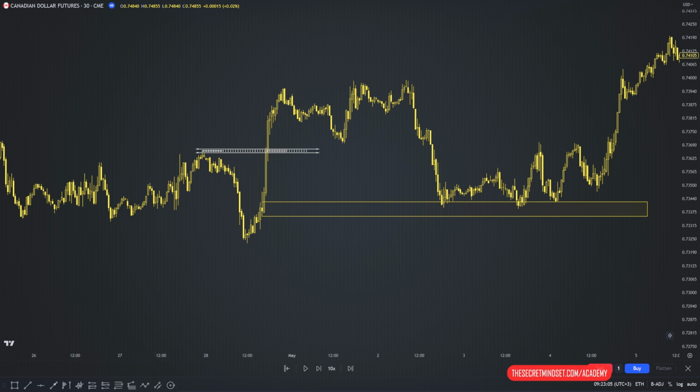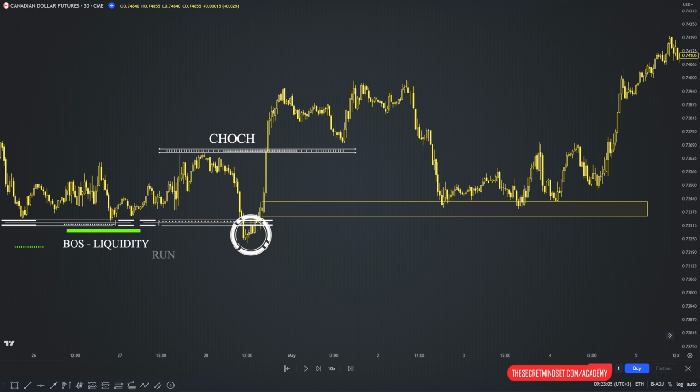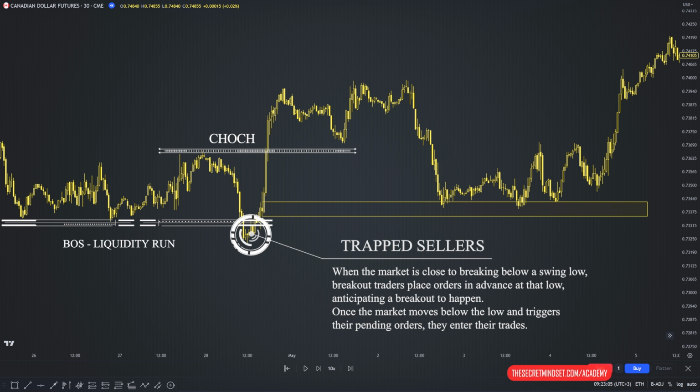Another factor to keep in mind is the impact of traders who find themselves stuck in losing trades when the market fails to make a new swing low. Let me explain. When the market is close to breaking below a swing low, breakout traders place orders in advance at that low, anticipating a breakout to happen. Once the market moves below the low and triggers their pending orders, they enter their trades.